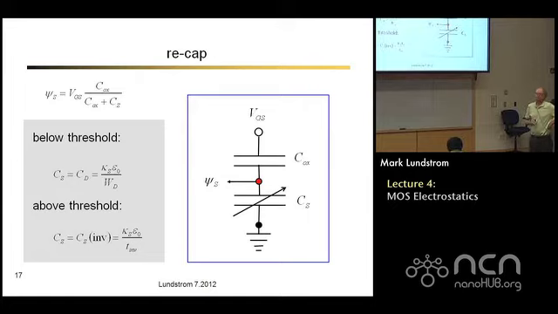For many years, people said that's so thin that the capacitance is so big that when I put the 2 in series, all I get is the oxide capacitance, and you completely ignore it. With oxide thicknesses now being 1.1 nanometers, that's no longer the case. So the capacitance that we measure on the gate is significantly less than the oxide capacitance. This is actually a big problem for scaling. You want to improve transistor performance by thinning the oxide, but you don't get the improvement that you expect because of that.